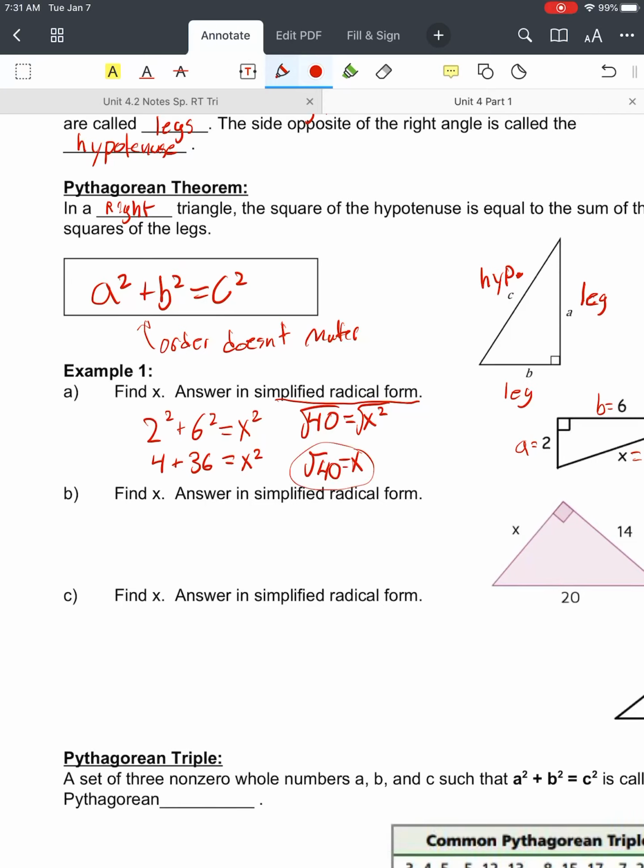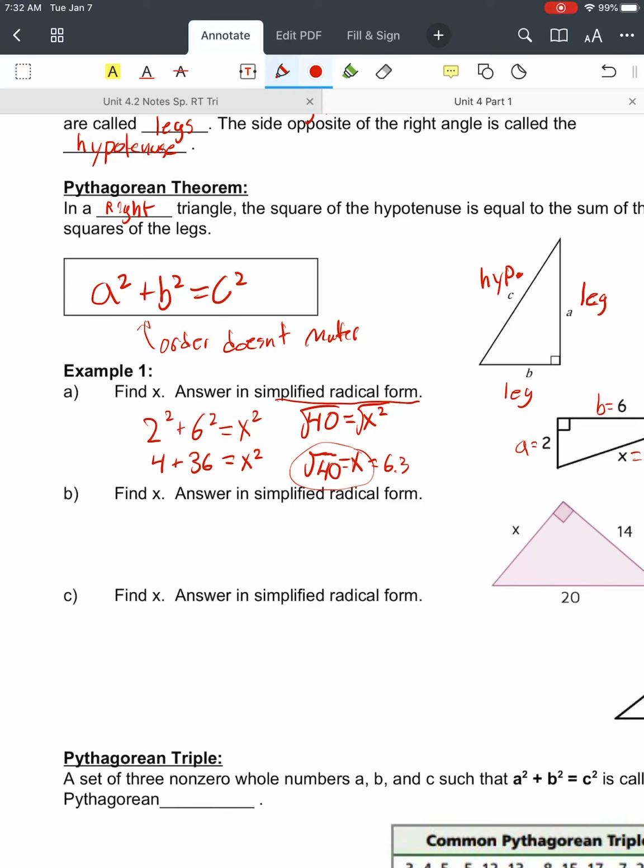Essentially we have solved for x, but they asked for simplest radical form. Technically, you could plug this into a calculator and get about 6.3, but since they're asking for simplified radical form, we're going to figure out if there's a biggest perfect square that fits into 40.